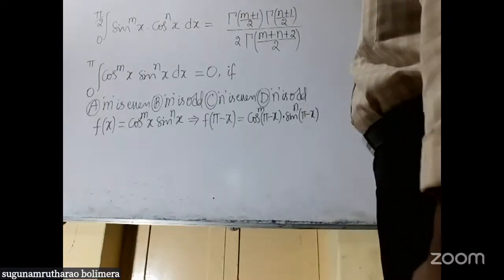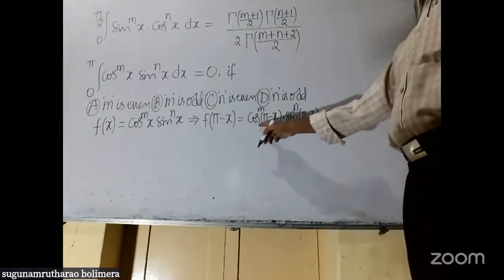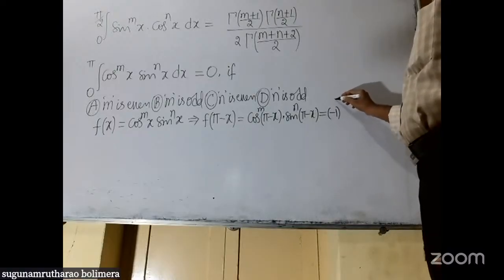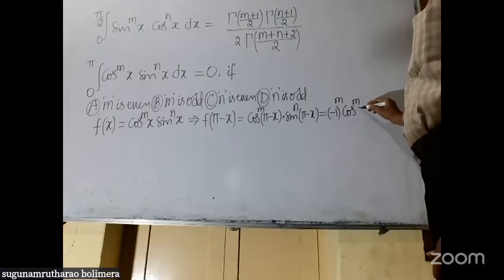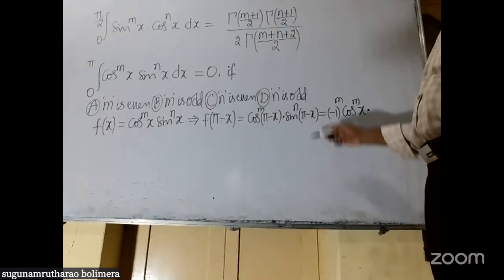So this is equal to cos of pi minus x is minus 1 power m cos power mx.